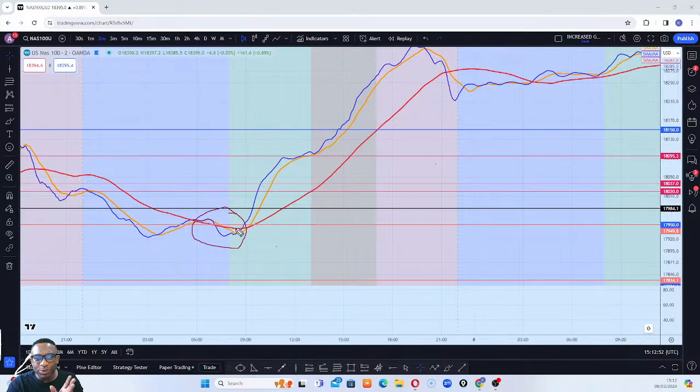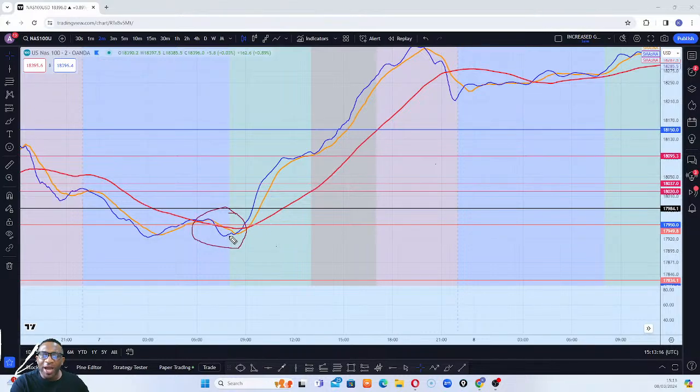I've taken them off for us to train our eyes to see how price moves each time it's on its move. What we are seeing here are just the moving averages, and these horizontal lines are some key levels that I placed there. But what I want us to focus on is these three moving averages.